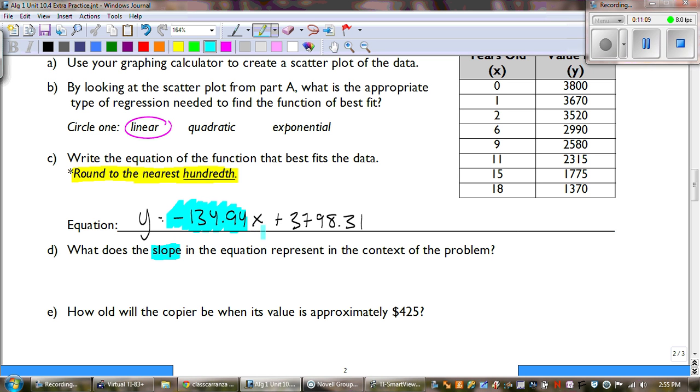What does that represent? Well, is it losing value or gaining value? It's negative. Okay, so that means that it loses. Okay, so it means the value decreases. How much does it decrease? $134.94 per year.